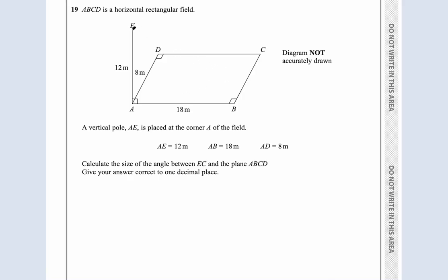Okay, so to get the angle between EC and the plane, we go from E to C, obviously, and then we go back essentially under E. We have to go directly under E, and we're trying to find that angle here.